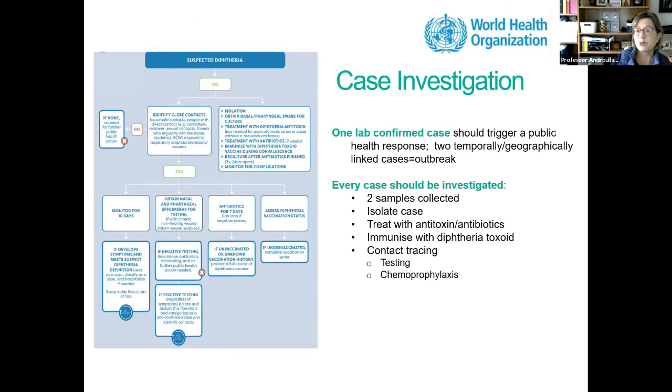If you have two geographically linked cases, then that is an outbreak. And so every single case should be investigated. So basically, two samples are collected, usually samples of the upper respiratory tract. The case has to be isolated, has to be treated with antitoxin and antibiotics, immunized with diphtheria toxoid, and contact tracing has to be undertaken.